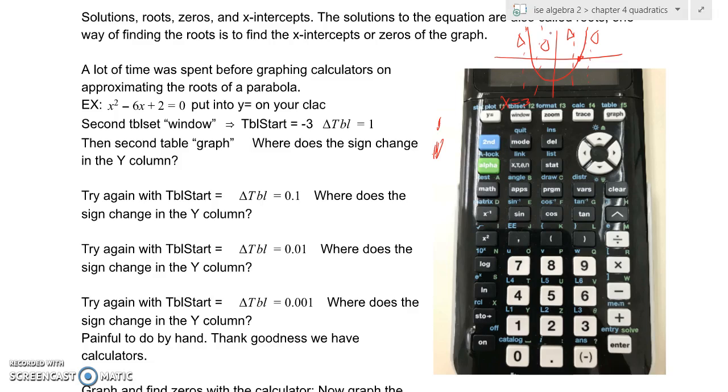You can calculate your second x-intercept, your 0 of the function. This time, instead of 3, it says -2. Those are our 2 answers for our problem.